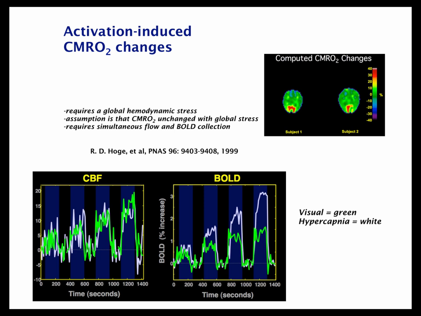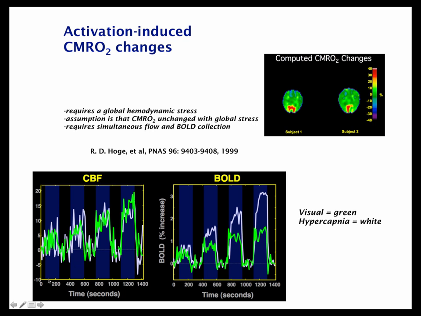So if you look at the ratio of flow to BOLD effects with giving CO2 versus giving an activation, you'll have different ratios, because with activation, the metabolic rate blunts the BOLD relative to perfusion. And so that's what Rick Hoge did here. This is nice work in 1999. Tim Davis did it just before him, but this was a nice study that illustrates the facts.